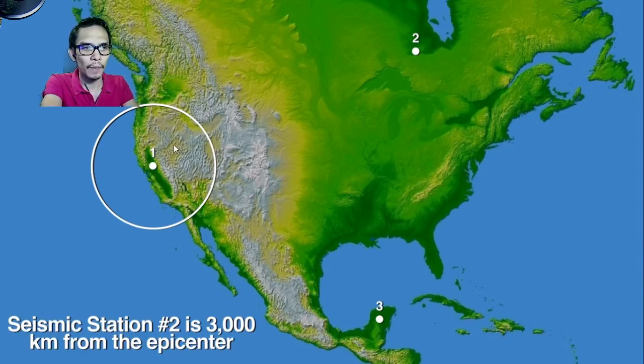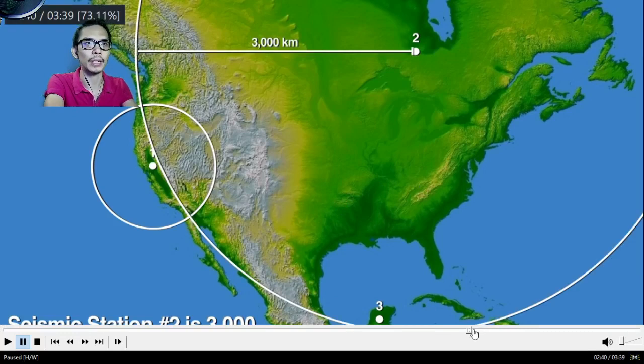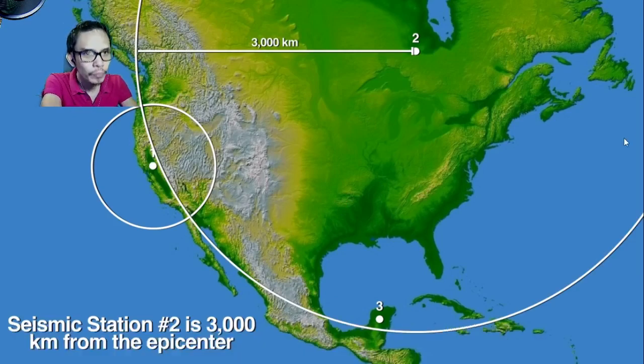The scale that you used here must be similar to the scale that you will use on number 2, and not only on number 2 but also on number 3. All three seismic stations must have the same scale that you used on seismic station number 1. Let's draw the radius from seismic station number 2, 3,000 kilometers, and draw a circle.